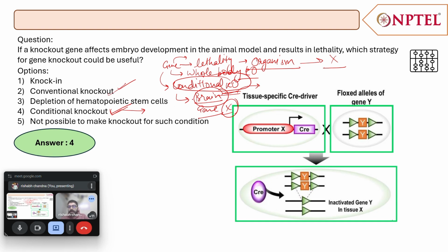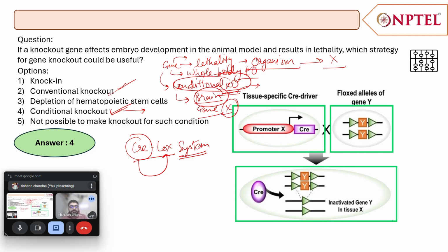Okay, and how do we develop conditional knockout strains? There is an important mechanism, generated with the help of recombinant DNA technology, that is the Cre-Lox system. Okay, so Cre is a recombinase that recognizes the LoxP sites, and it cleaves at the LoxP sites where it sees them.